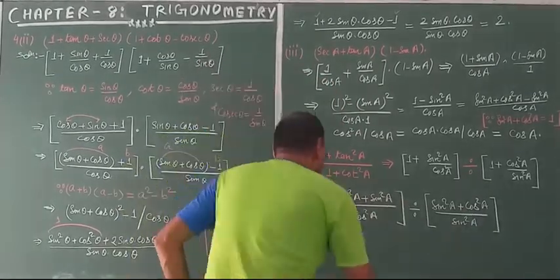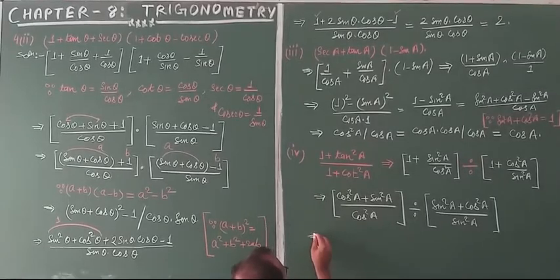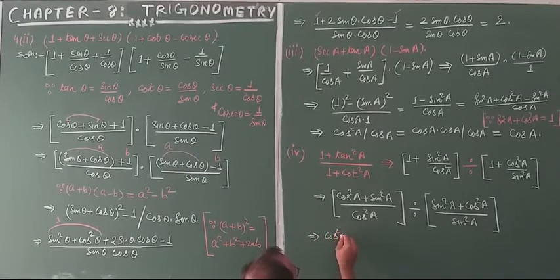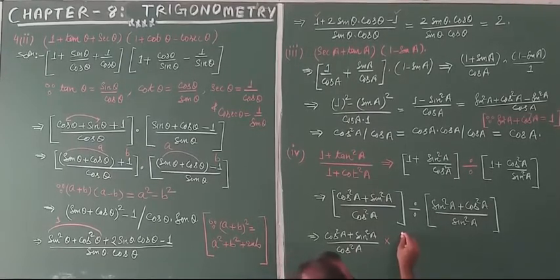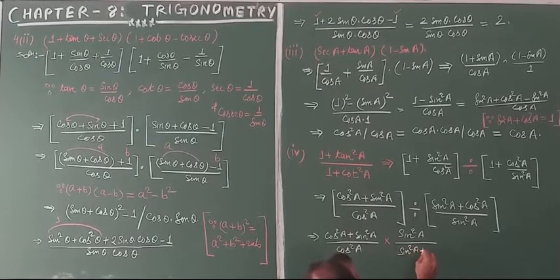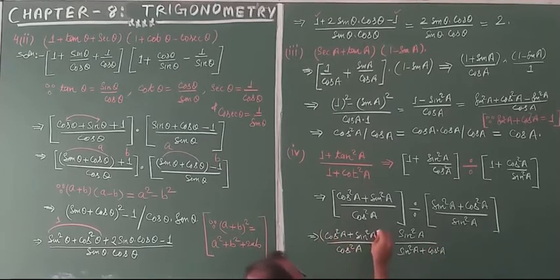So this will become cos square A plus sin square A divided by cos square A, and the division symbol changes into multiplication, and you get the inverted term, sin square A upon sin square A plus cos square A. Just put it in the bracket and see.